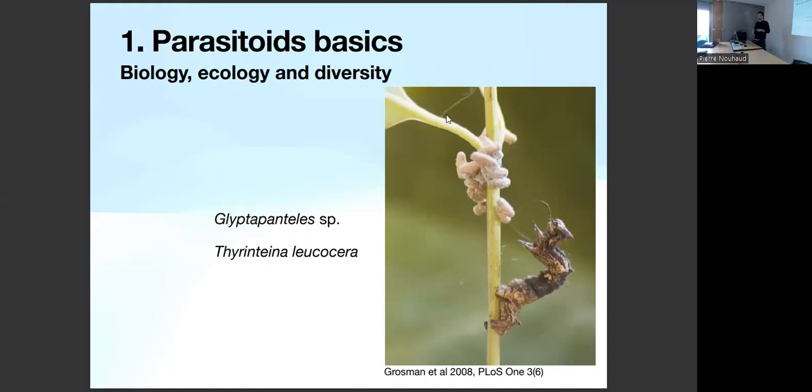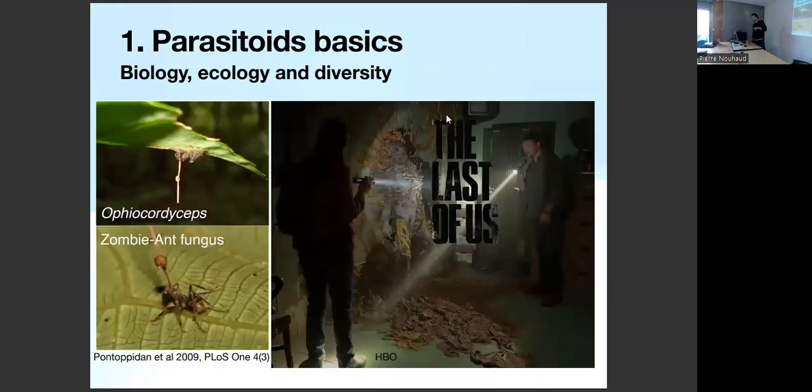So this is something that they can do. It's really interesting. There are several examples of that. And I think it's something related with the zombie ant fungus that became popular in popular culture because of this TV series, right? So what these adaptations do is to improve their success in reproduction.